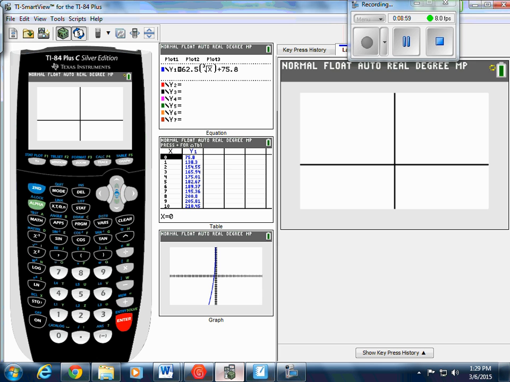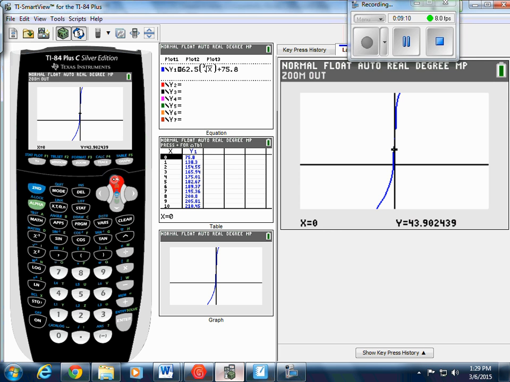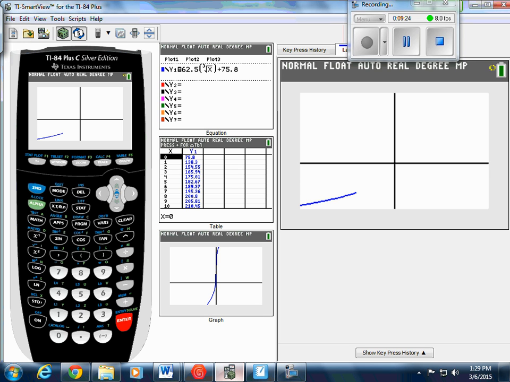I want to find where it comes into quadrant 1. All right, so here comes our graph.